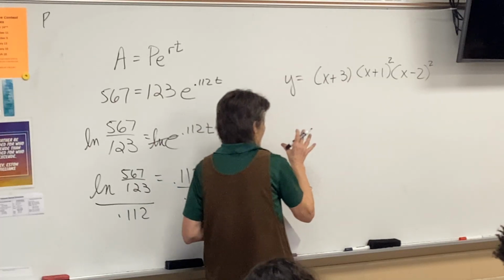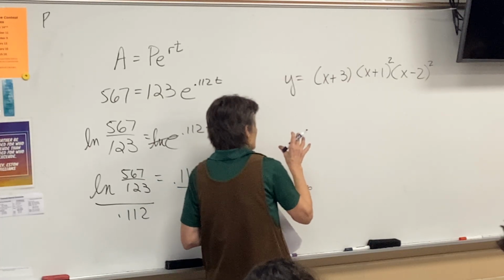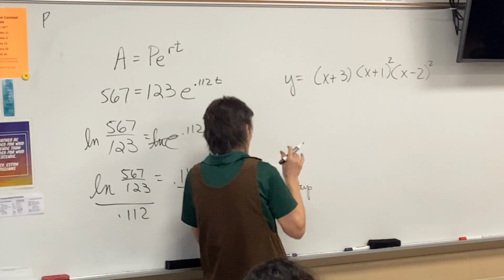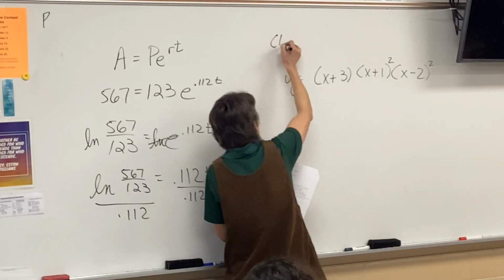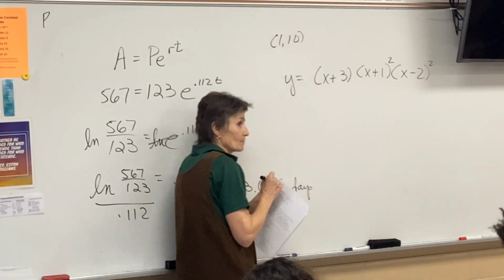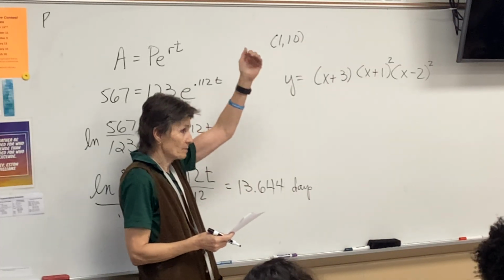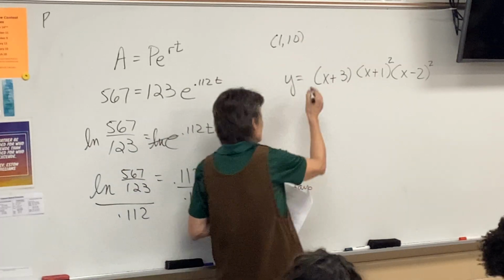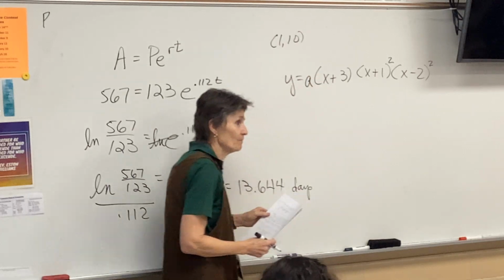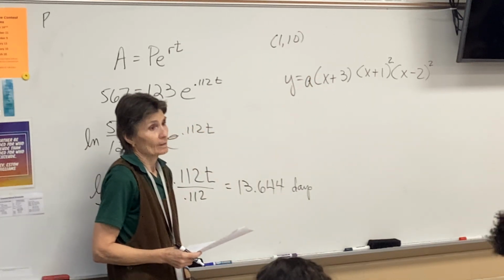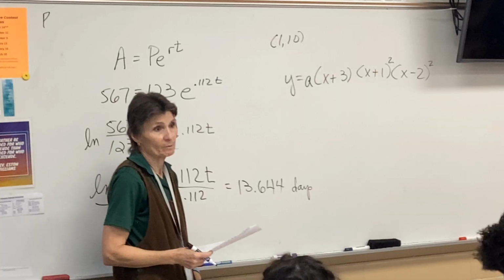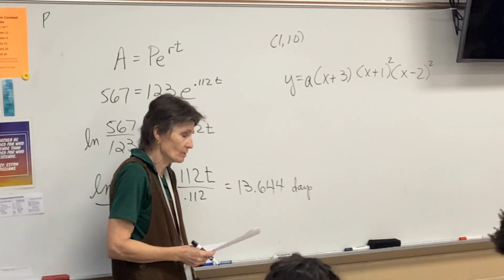I also know that this curve has to contain the point (1, 10). So it has to go up high enough to get up to that point. That height is controlled by a leading coefficient, a vertical dilation number, a multiplier, a height adjuster.